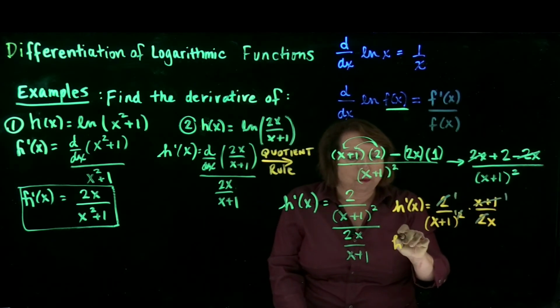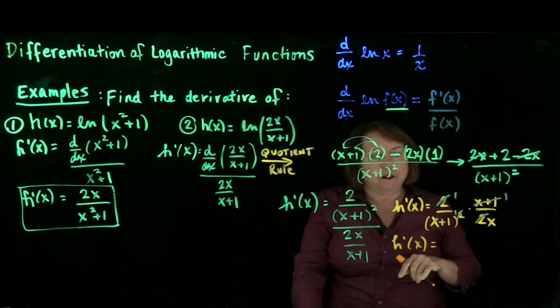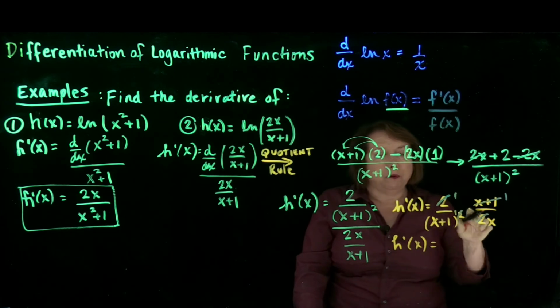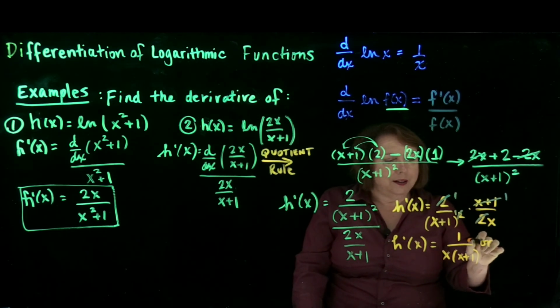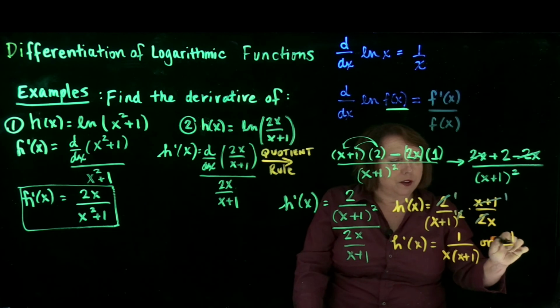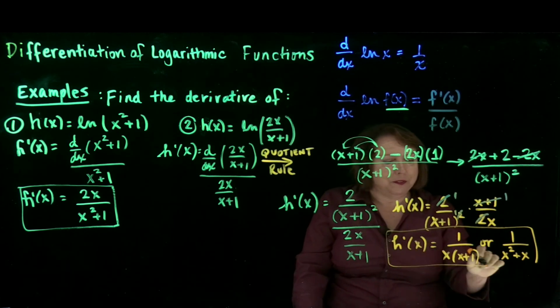That's important here because it looked like there was just nothing left above the division bar, which is not true. It's 1 times 1, which is 1. And then we have x times x plus 1. Or you can write it as 1 divided by x squared plus x. Either answer would work for me for this derivative.